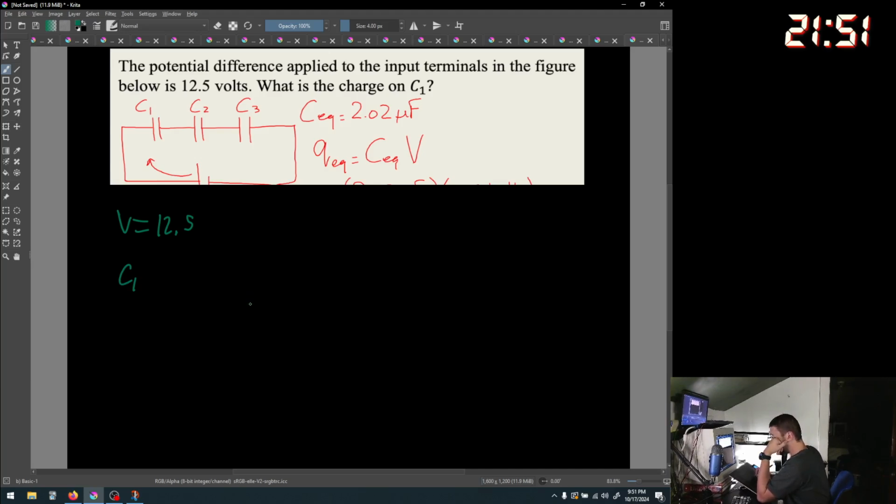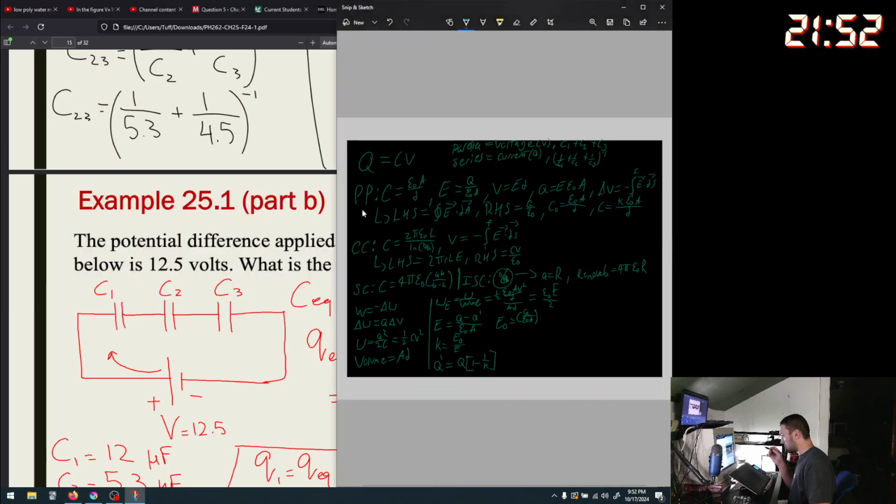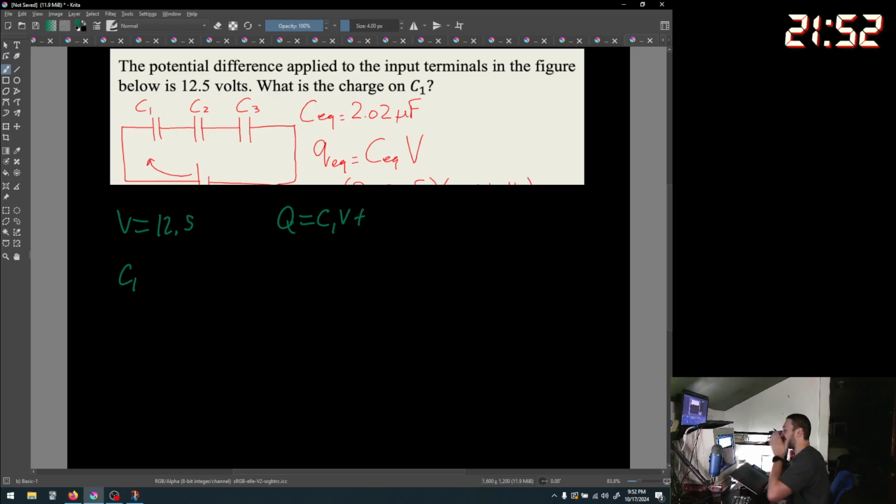So Q equals C1 V. Voltage should be shared because it's parallel. No, it's all series. Because it's all series, the charge Q is shared.